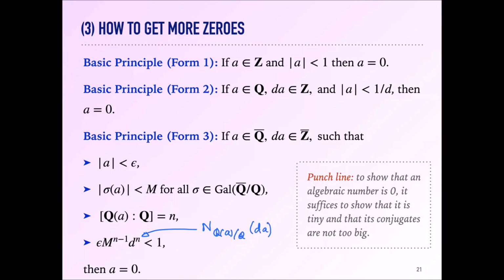So if I take dA and then take all its conjugates and multiply them together, then the absolute value of that will be at most epsilon times what I get from all the other conjugates, so m to the n minus 1, then times d to the n, because each one has been multiplied by d. So if that's less than 1 and it's an integer, then it has to be 0. And if the norm of an algebraic number is 0, then the algebraic number is 0. So that's how we're going to use this principle to get more zeros.